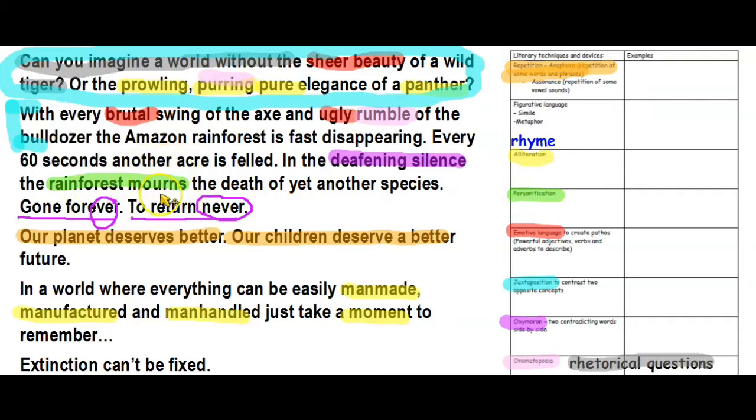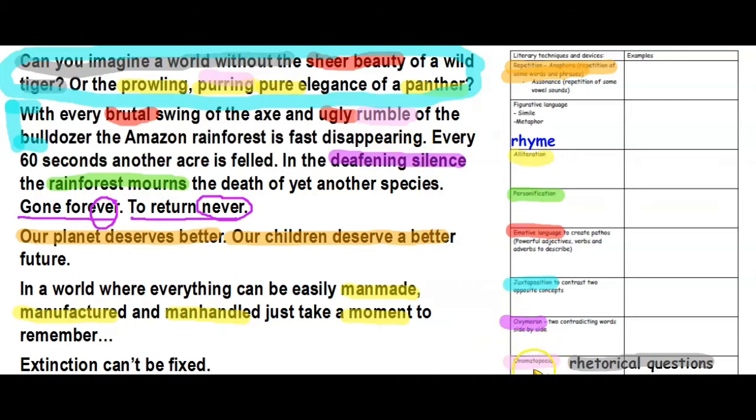I think I'm going to change this to rainforest grieves in mine just to make it a little bit more my own. Now remember the lesson that we had about oxymorons, two words used together that have got completely contrasting meanings, deafening, silence. If it's silent then it can't be deafening at the same time. Do you have an example of oxymoron in yours?